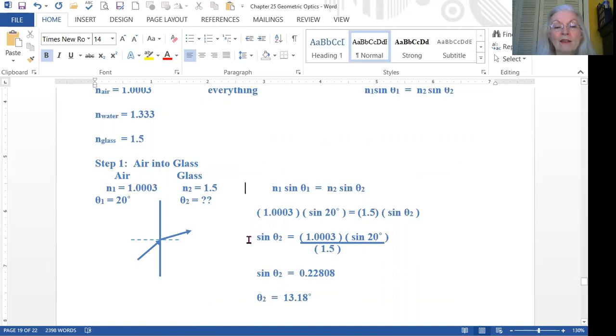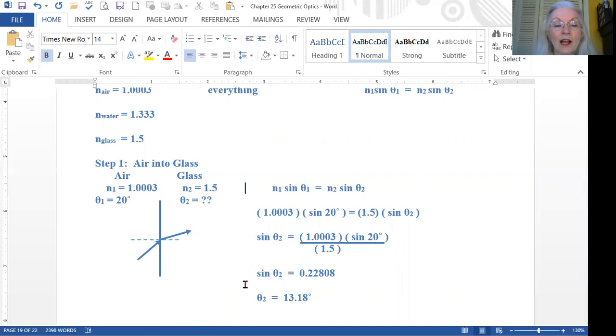When you do the math, the sine of the exiting angle ends up equaling 0.22808.